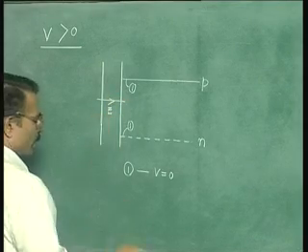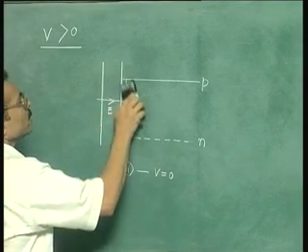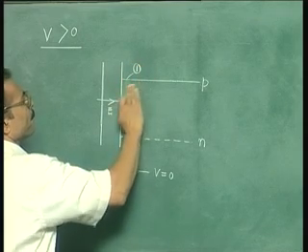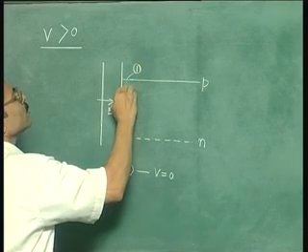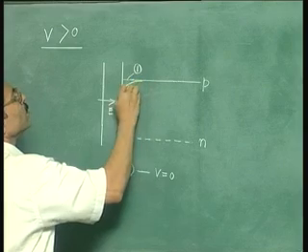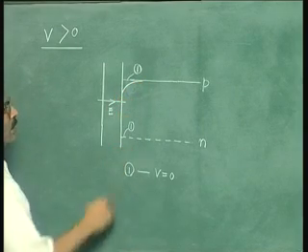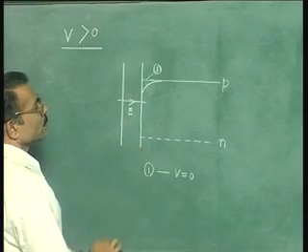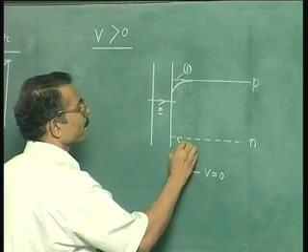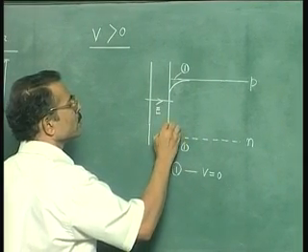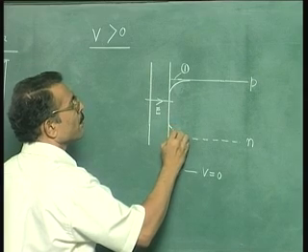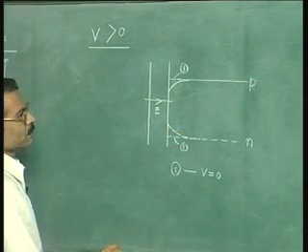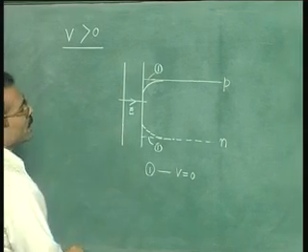So therefore what happens is the hole distribution dips down while the electron distribution goes up, when you apply voltage greater than 0.